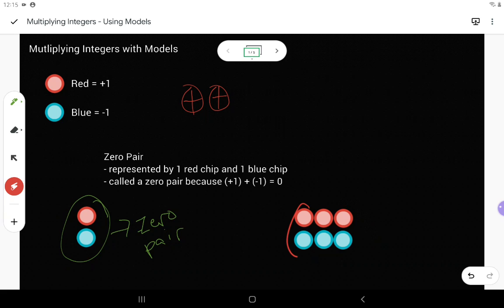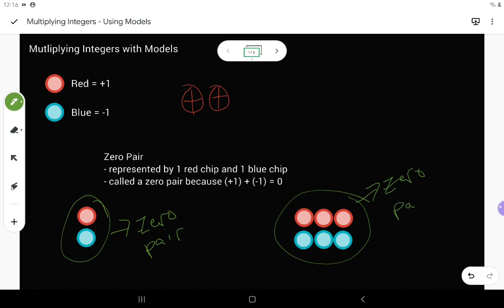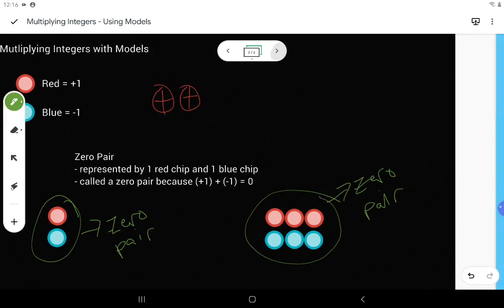It's just 3 zero pairs put together, because I've got one zero pair there, a second here, and a third there. The whole thing is still a zero pair, like having +3 and -3. I have one integer and its opposite, so when I add them together I get 0, so they form a zero pair.